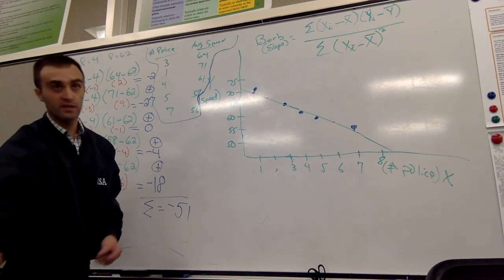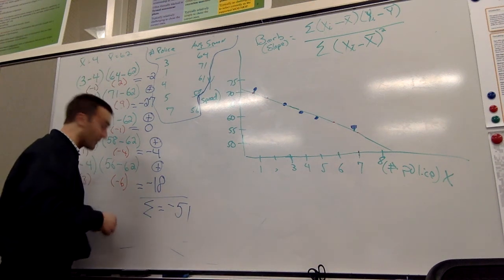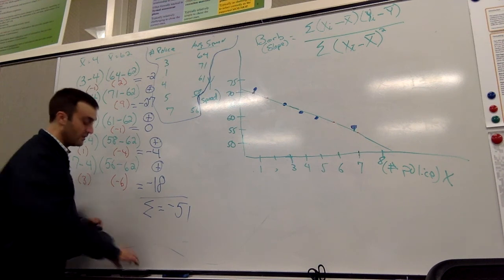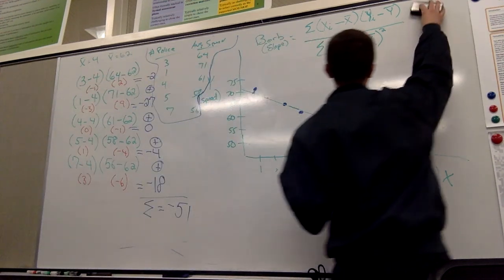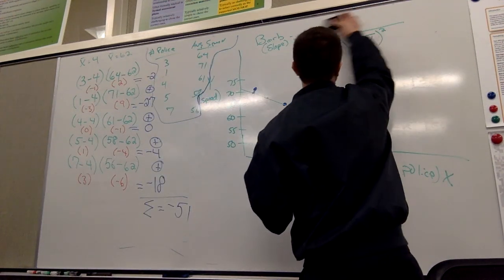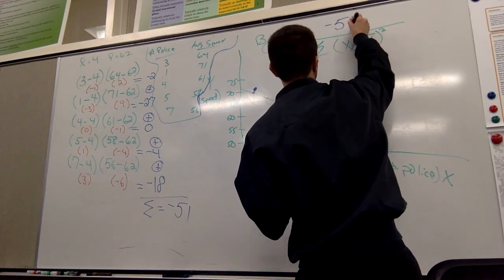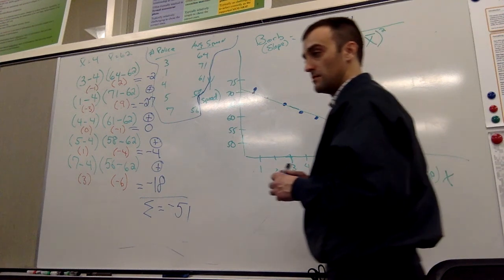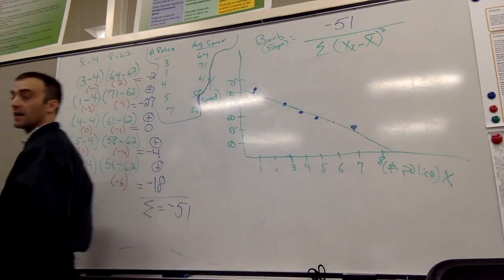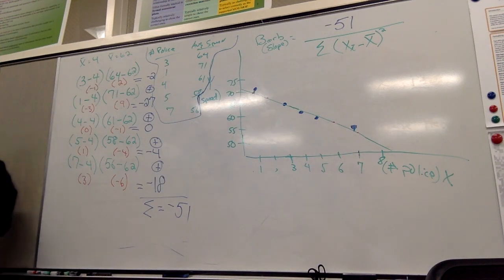And that is what you've done to get the top value of your fraction, or your numerator, a negative 51. So step 4 gets you your top number. Questions or need to see it again?